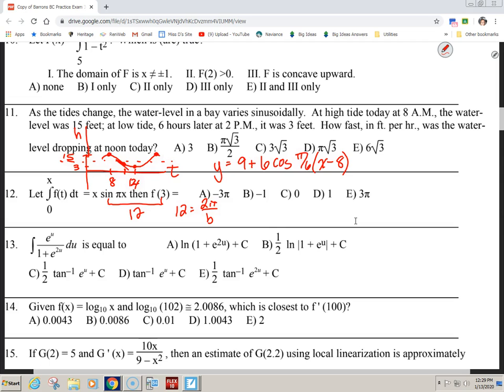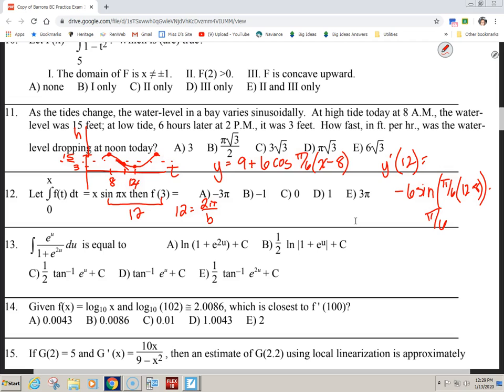And if you made an equation of the sinusoid, couldn't you just do y prime at, I made him 8, right? So then noon would be 12. So it's the derivative of cosine? Negative sine of u. I'm plugging in 12 times u prime, which would be pi over 6.